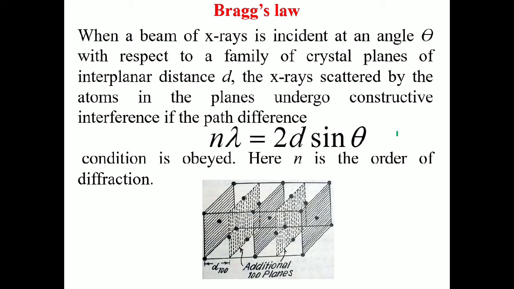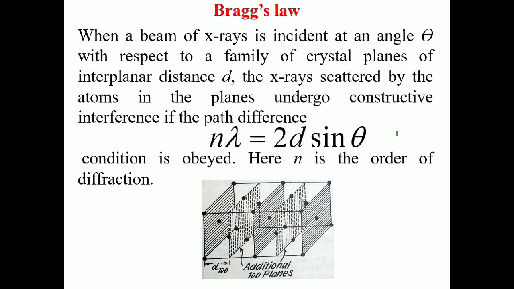So he stated that when the beam of X-rays is incident at a specific angle of diffraction theta with respect to a family of crystal planes, then the scattered X-rays will undergo constructive interference if the path difference is equal to n lambda.